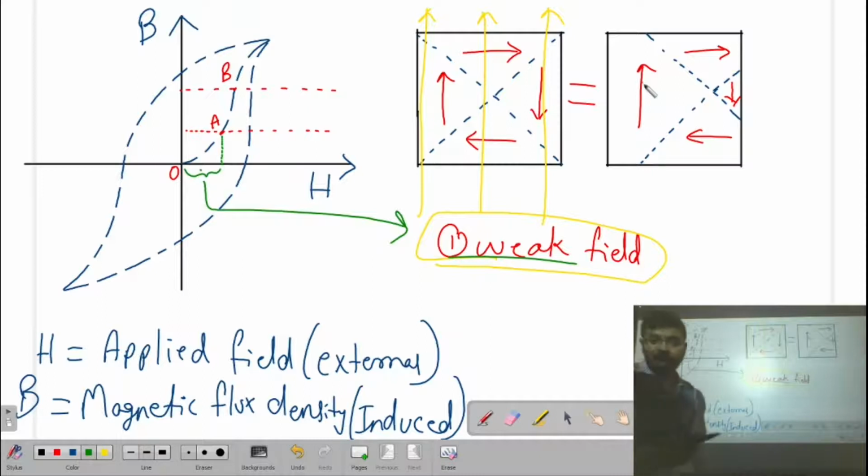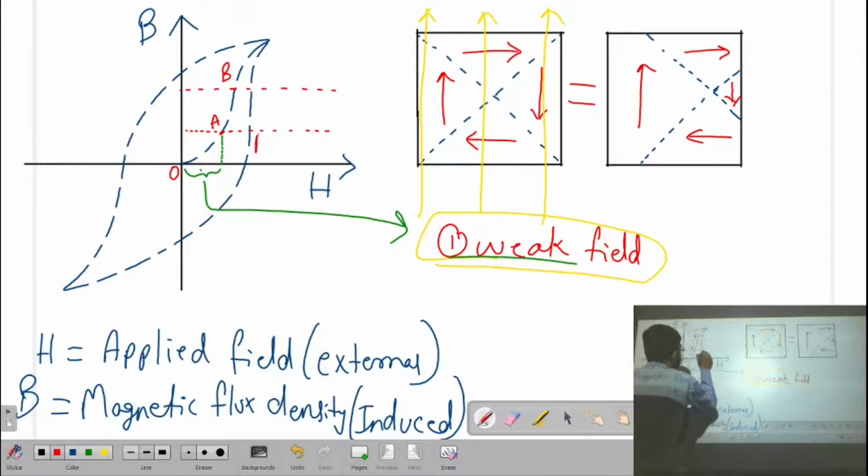Now again, if you increase the value of H from A to B, now remember this portion OA is a reversible boundary displacement.